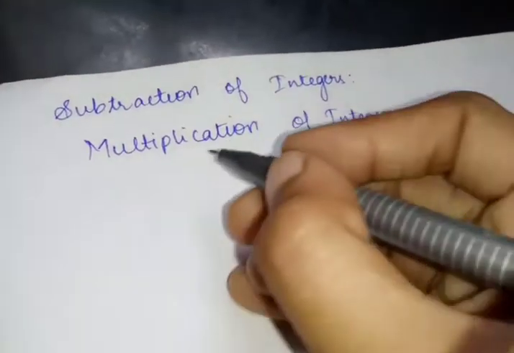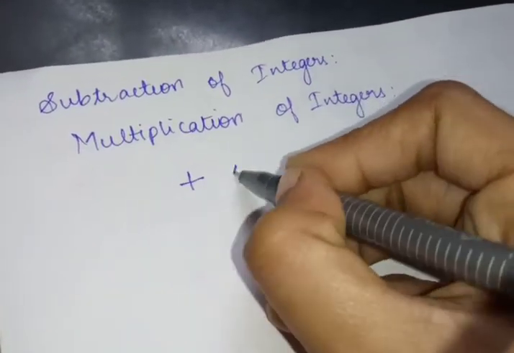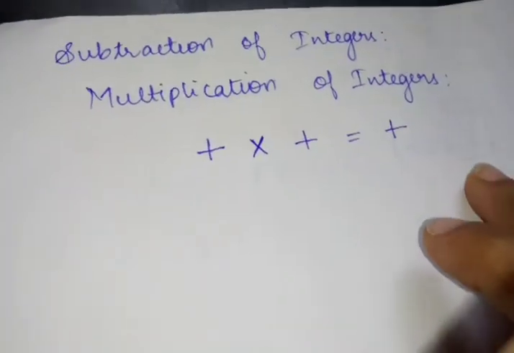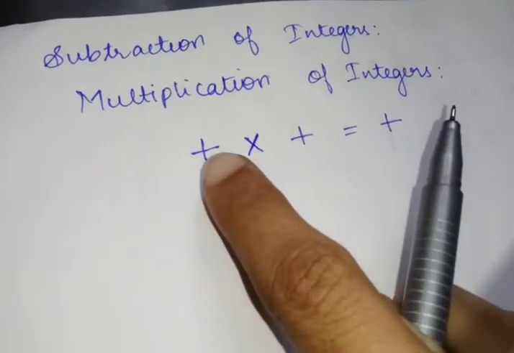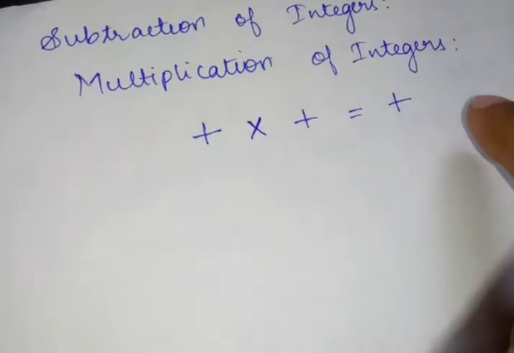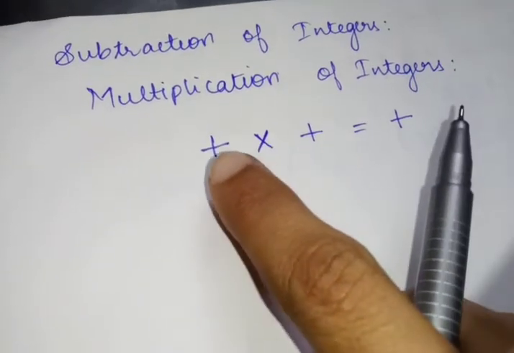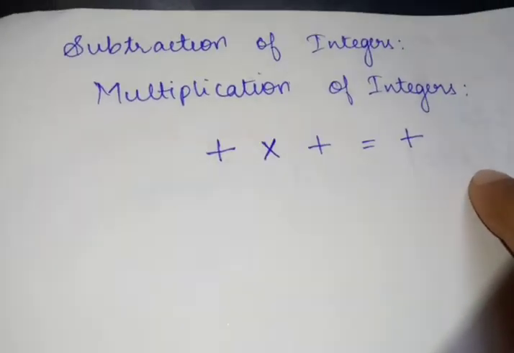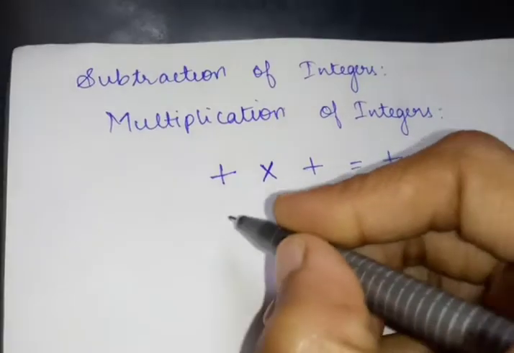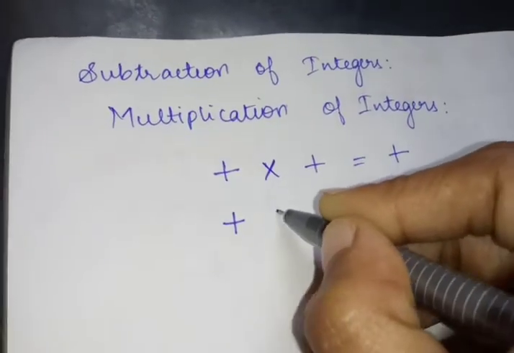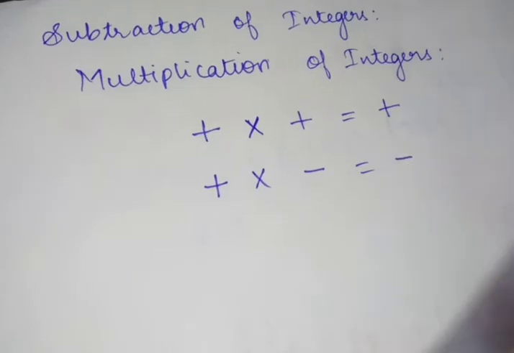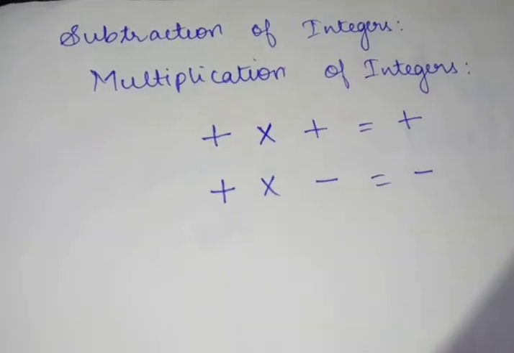Okay, when we multiply two positive integers, we should get the answer as positive integer, which means plus into plus is plus. Next, when you multiply a positive and a negative integer, I will get the answer as negative integer.